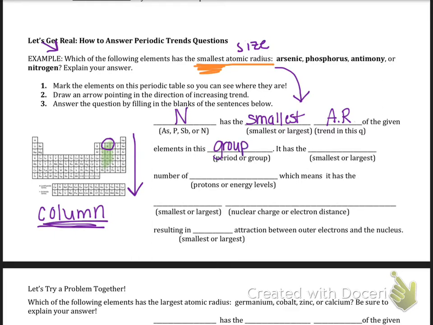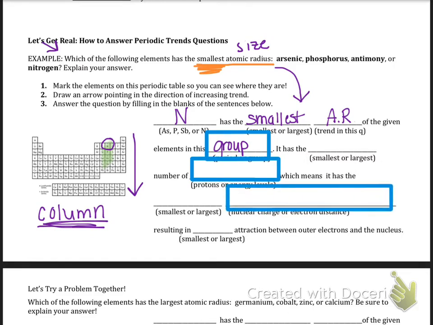Now, once you determine that these 4 elements are in a group, the other answers also have to match the fact that you used the word group. So these 3 boxes here that I did in blue have to match the idea of a group. What do I mean by that?